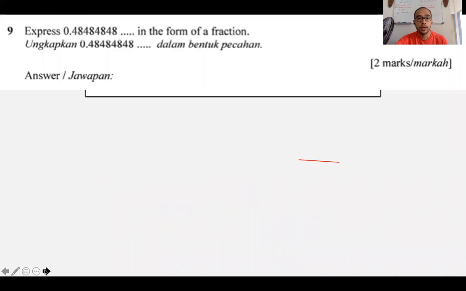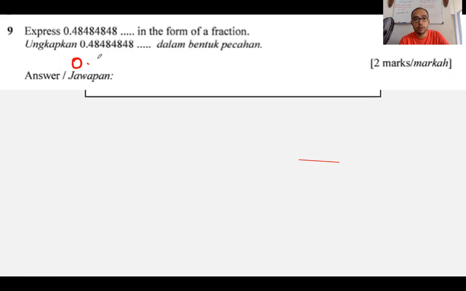Okay. Alright, express 0.484848 in the form of a fraction. Now I'm going to show you the long way, and then I'm going to show you the short way. And after I show you the short way, you better not get this question wrong. Okay, so the long way is, this is a repetition, 0.484848.